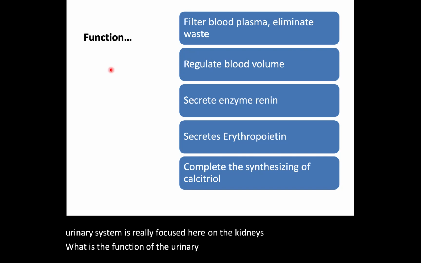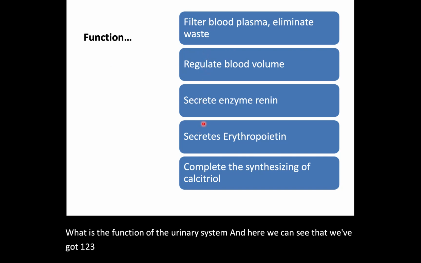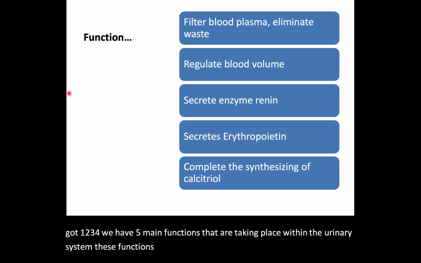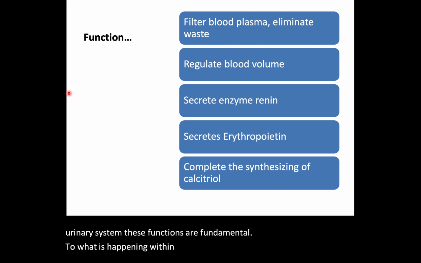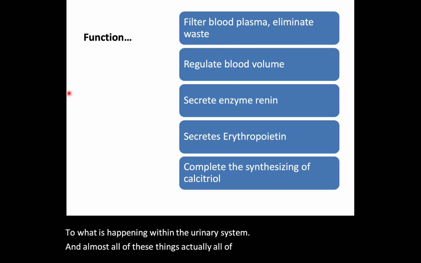So, what is the function of the urinary system? Here we can see that we have five main functions taking place within the urinary system. These functions are fundamental to what is happening within the urinary system. Actually, all of these functions are taking place within the kidneys.